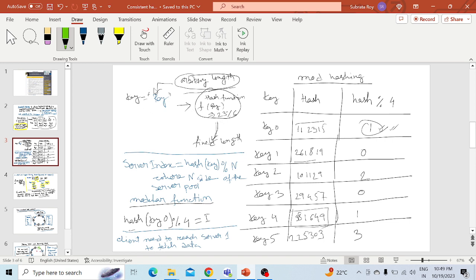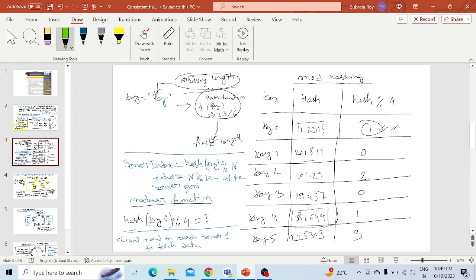What happened is that the input is arbitrary length, but the output is fixed length, and that fixed length will help me understand where I need to look for a particular data. If I want key 0 related data, I need to go to server 1, right? That is what hashing does: the hash key digit helps me understand where I need to go.